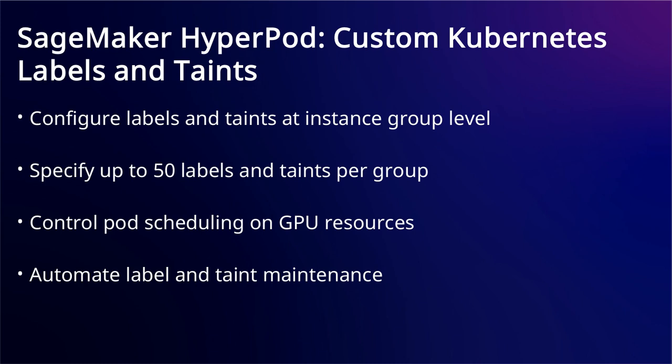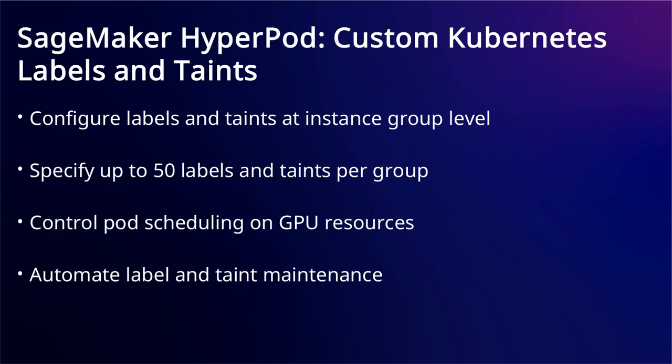SageMaker HyperPod customers face challenges in controlling pod scheduling and integrating with Kubernetes infrastructure, leading to inefficient GPU resource usage and compatibility issues. The new feature allows you to configure custom Kubernetes labels and taints at the instance group level. You can specify up to 50 labels and taints per group, enabling precise control over pod scheduling on GPU resources.